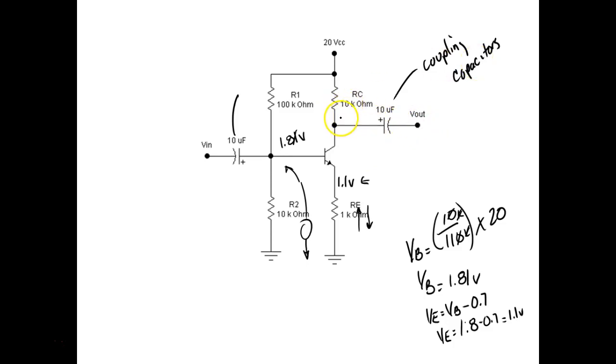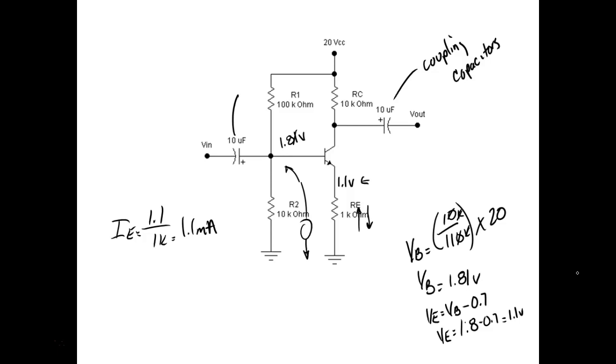So let's go ahead and figure out where we're setting this guy here. So first of all, we need to calculate IE. So IE would be equal to 1.1 divided by 1K, which is going to give us 1.1 milliamp. So a 1K resistor is 1 milliamp per volt.